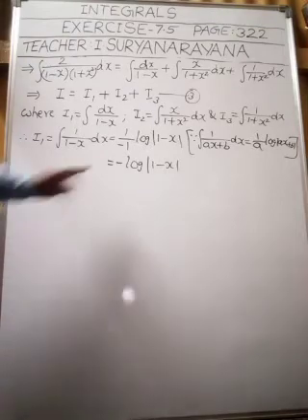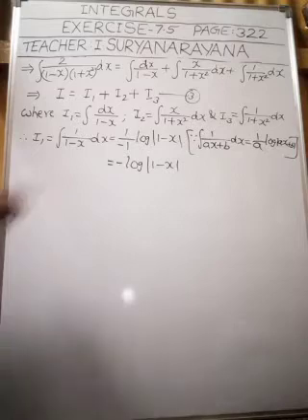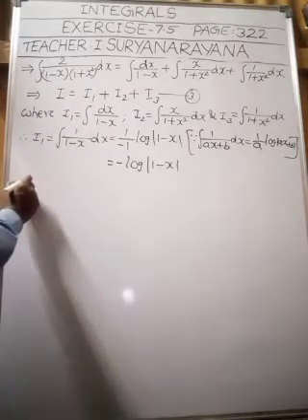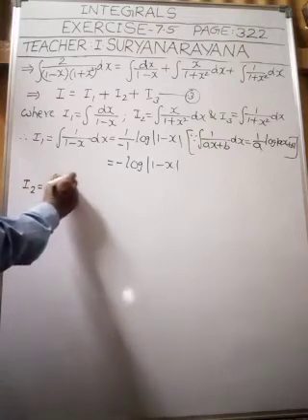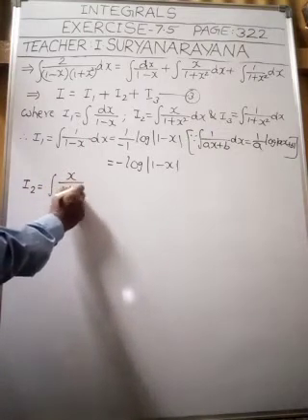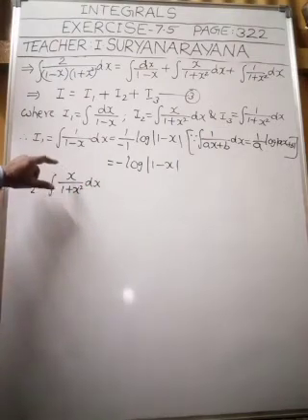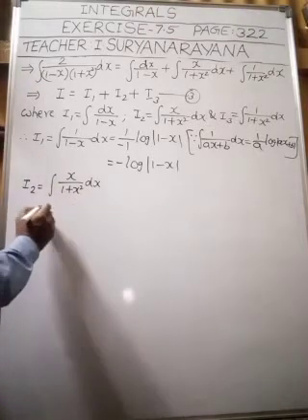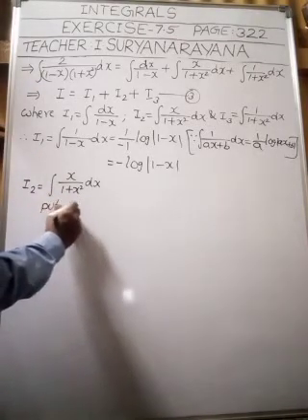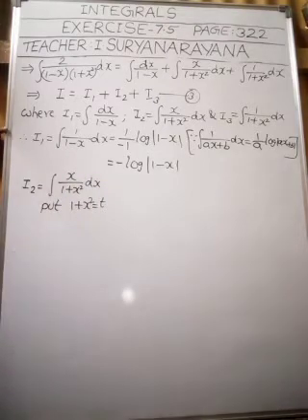Okay, my children, understood this one? So we got the I1 value. Okay, my children, now come to I2. I2 is equal to integral x by 1 plus x square dx. Okay, my children. So here we use the integration by substitution method. Put 1 plus x square equal to t.